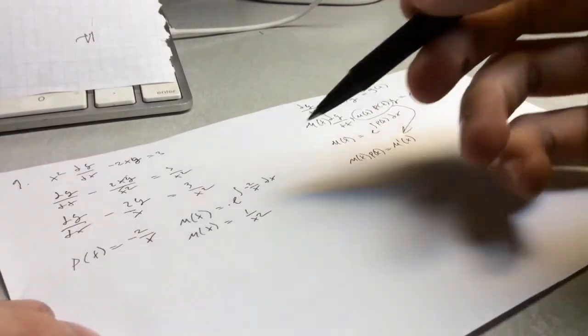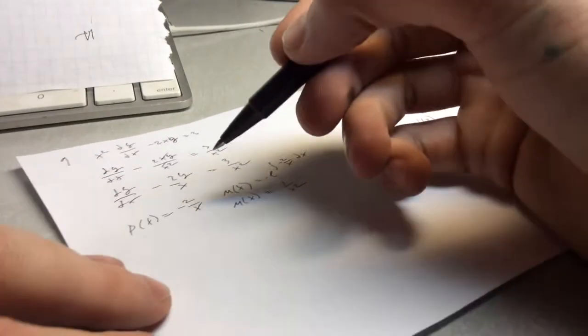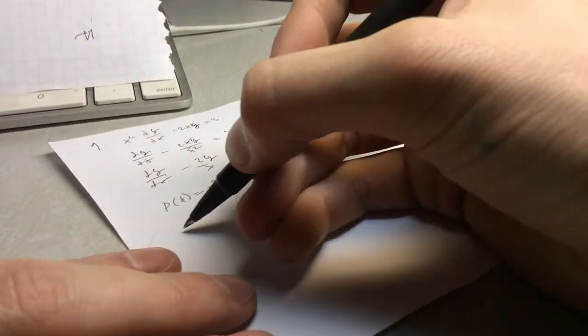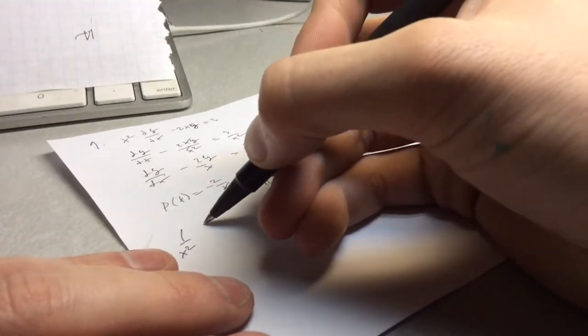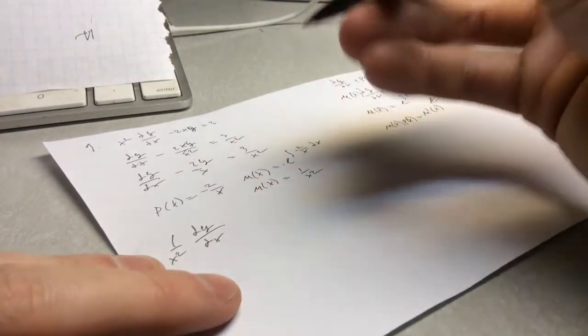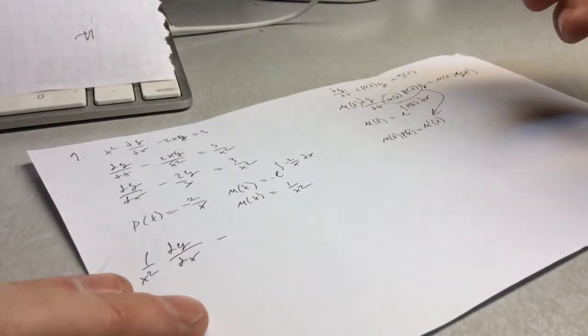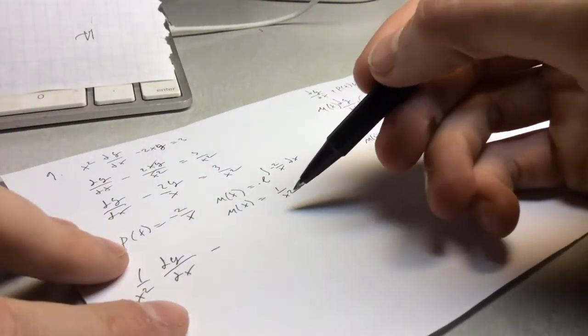Mu of x multiplies every factor. So out here we have 1 over x squared dy/dx minus.